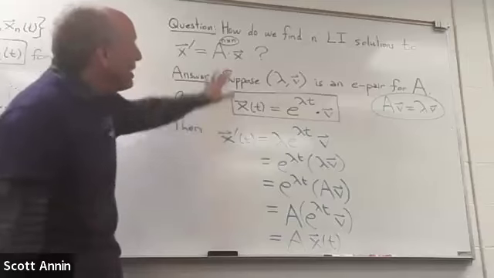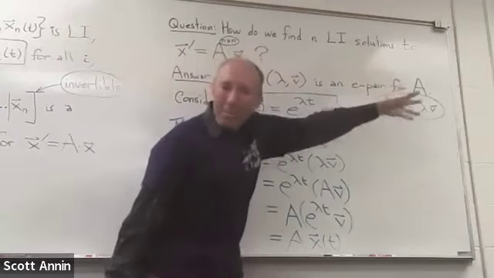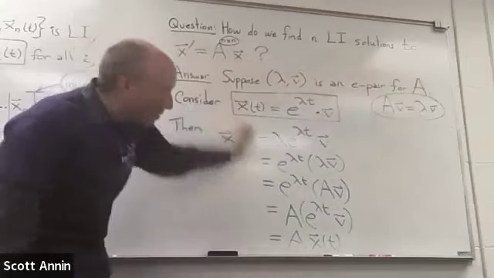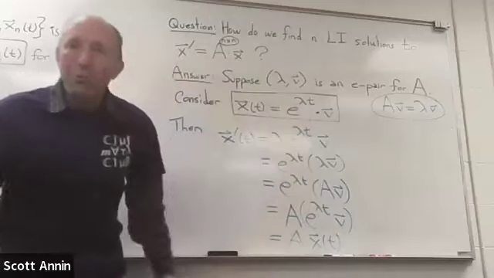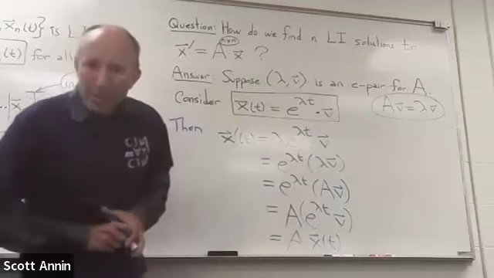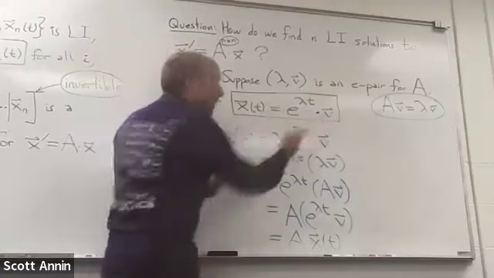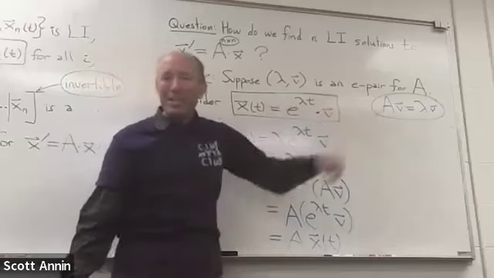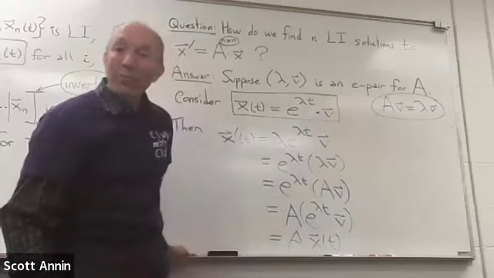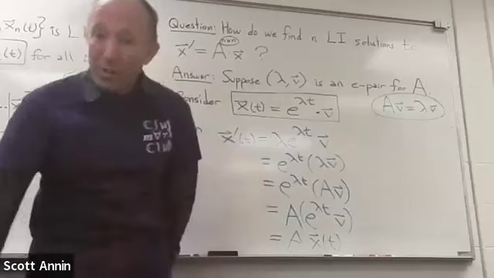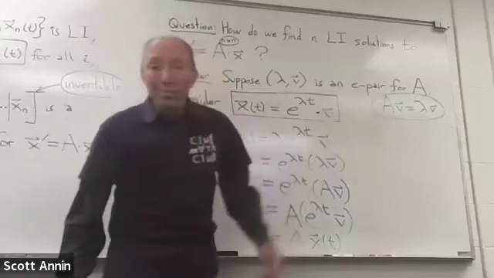Right? So by using the eigenpairs of the matrix A, we can generate solutions to our linear homogeneous system of differential equations by just constructing these things right here, e to the lambda t times v, right? And so if we have a lot of eigenvalues and eigenvectors, we can make a lot of solutions.